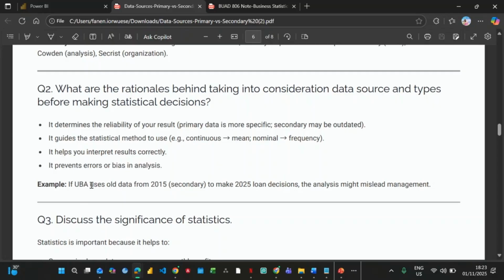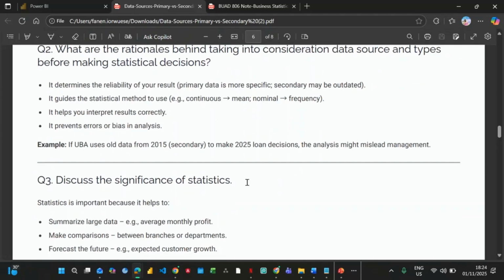Example, if UBA uses old data from 2015, which is data stored somewhere, to make a 2025 loan decision, the analysis might mislead their management because they may be getting wrong results. What they are getting may not give them good analysis because things have changed. You can't even compare 10K of 2015 to 10K of 2025. So they have to use the current data.